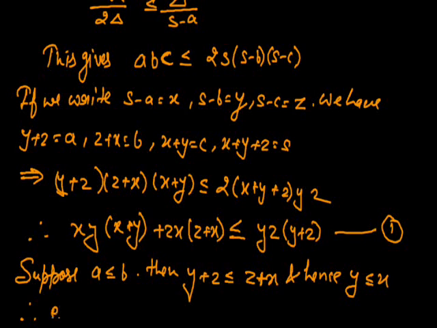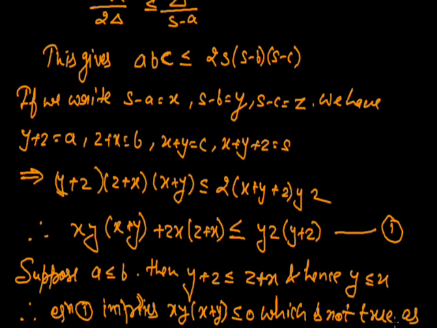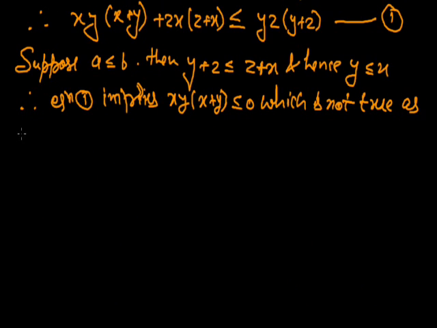So equation 1 implies xy(x plus y) is less than or equal to 0, which is not true, as x, y, z are positive, so they could not give us a negative product.